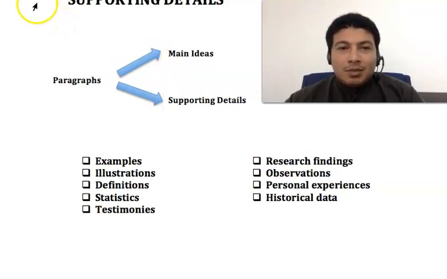So that is all about supporting details and main ideas. Hopefully this will help you in having better reading skills in identifying main ideas and supporting details.